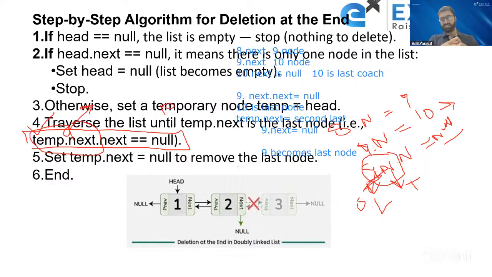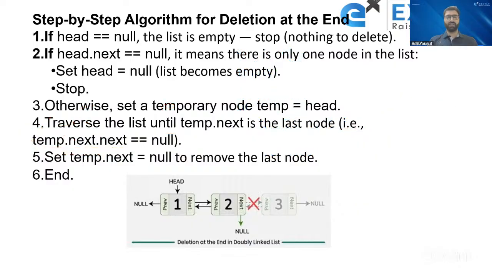Again, whenever we remove a node without any kind of links, it gets cleaned up with the help of Java's garbage collector. So with this, we are deleting a node from a doubly linked list when that node is at the last of the doubly linked list.